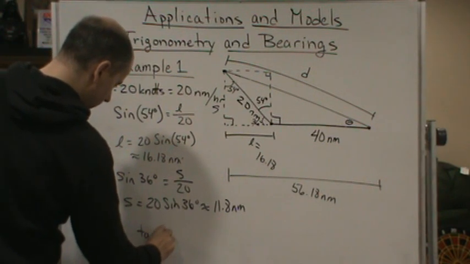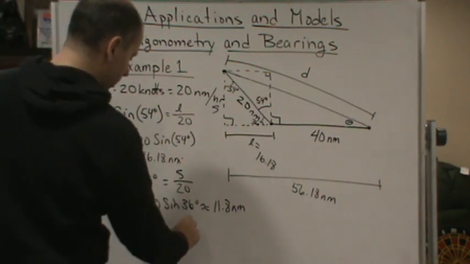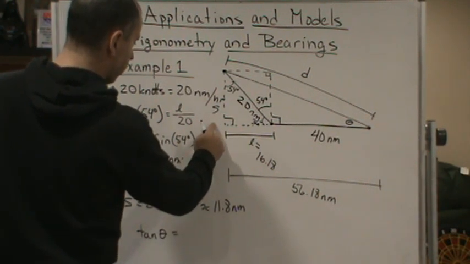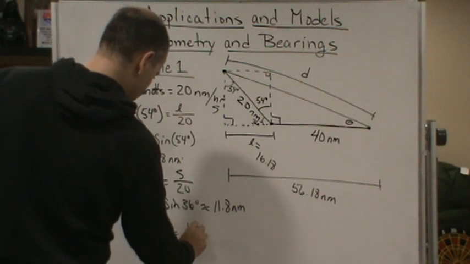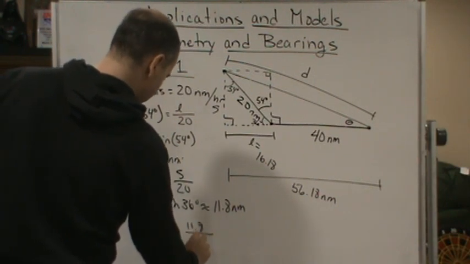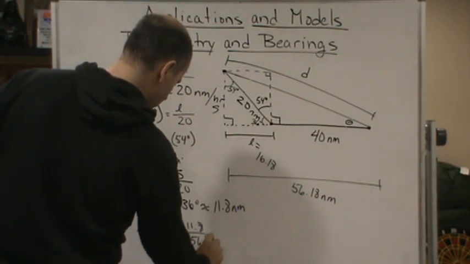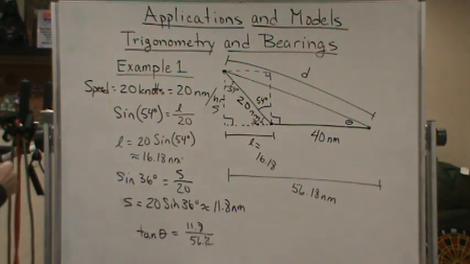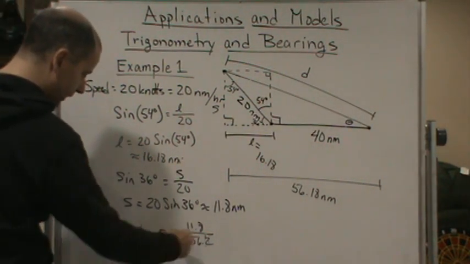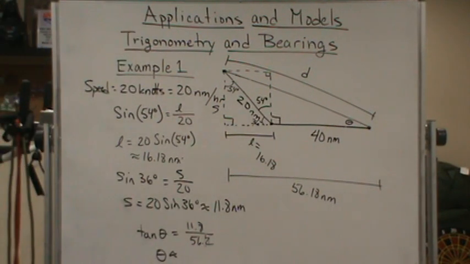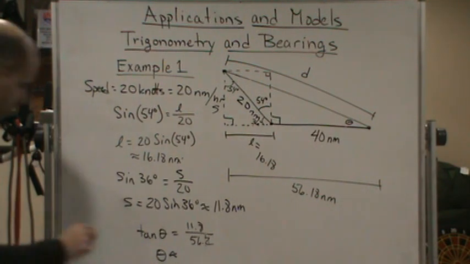So tangent theta equals opposite over adjacent, so that's going to be 11.8 divided by 56.2. Let's just round it to 2. If you take the arctangent of both sides, you get theta is approximately equal to 11.8 degrees.